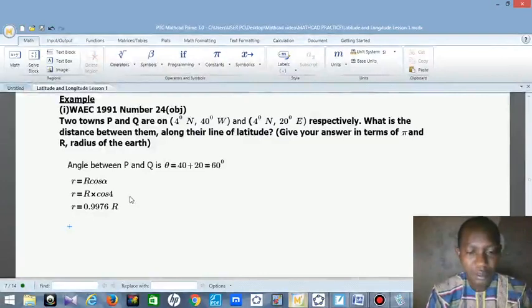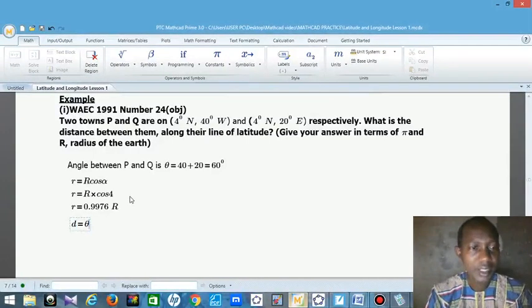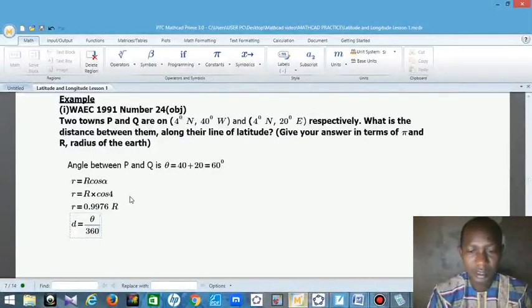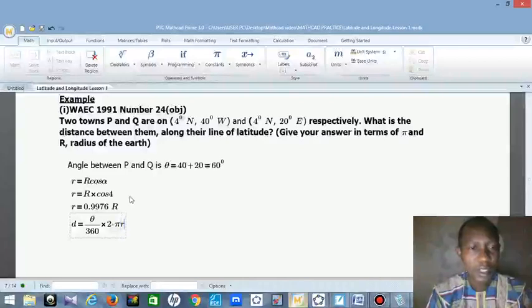If I use the small letter d to represent distance, it equals theta over 360 degrees times 2 pi r. So this is the distance formula.